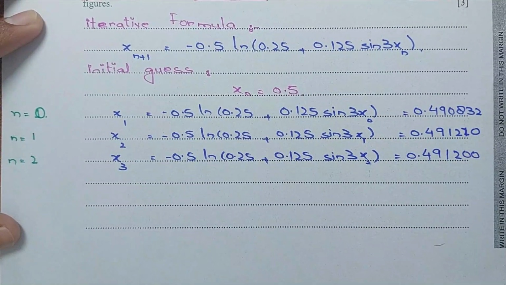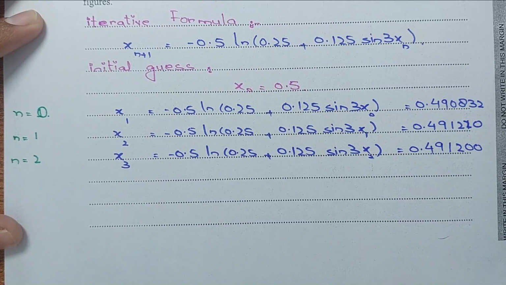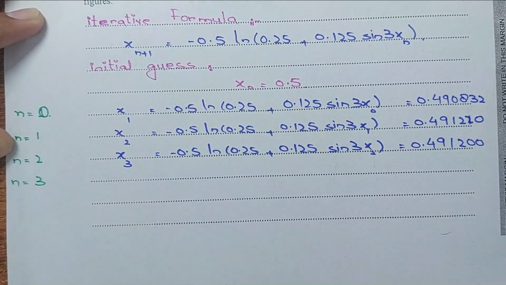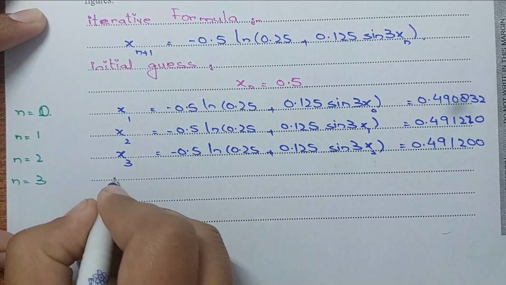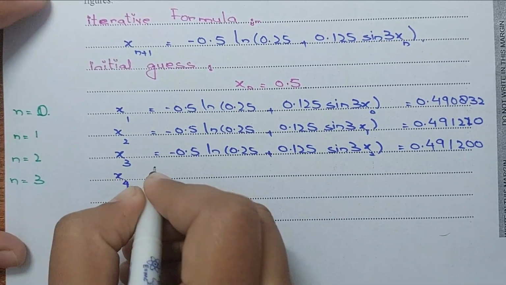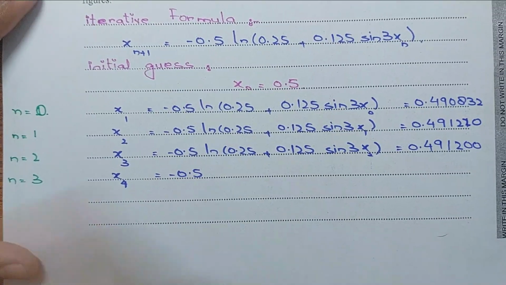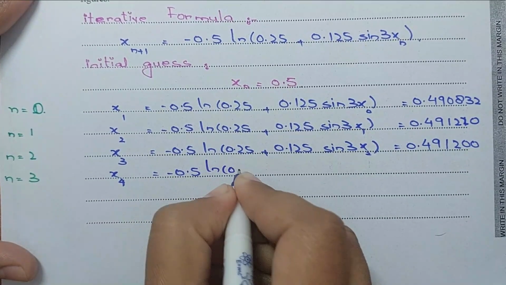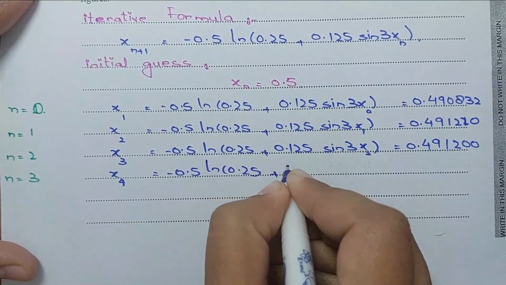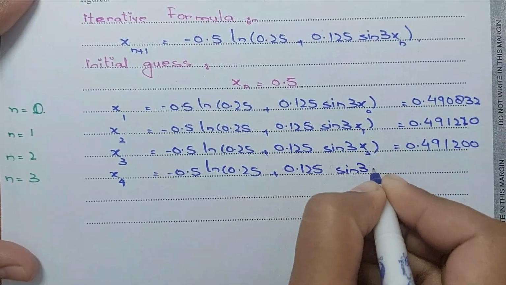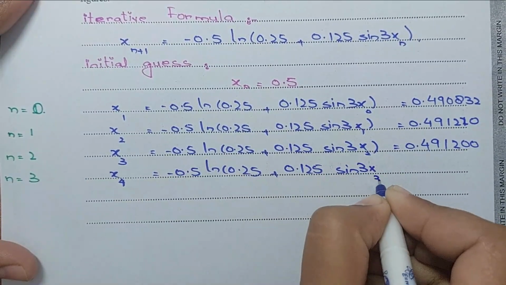Okay, let me do one more and then we can guess the answer. For n equals 3, the third iteration, the fourth iteration basically, x4 would be minus 0.5 natural log 0.25 plus 0.125 sine of 3 x3.